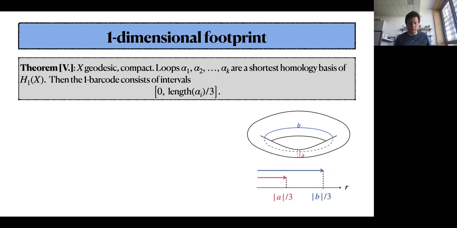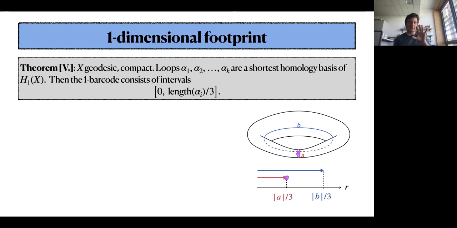And if you want to compute this by a computer, so you construct some sort of approximation of a torus, approximate the geodesic metric, compute persistent homology, and take the critical simplex that will terminate this bar, the critical simplex here will actually be a triangle going around here.